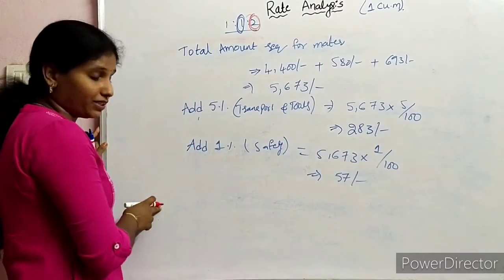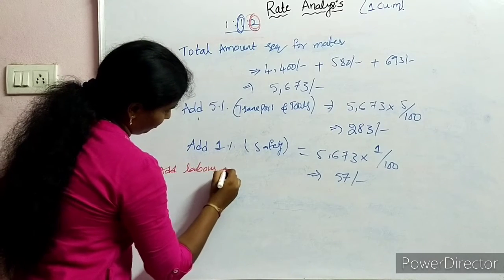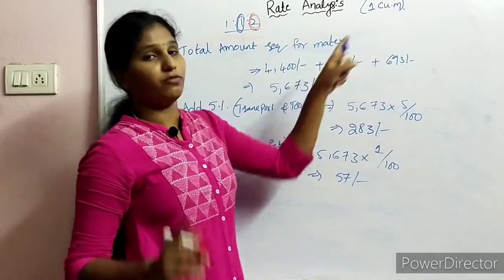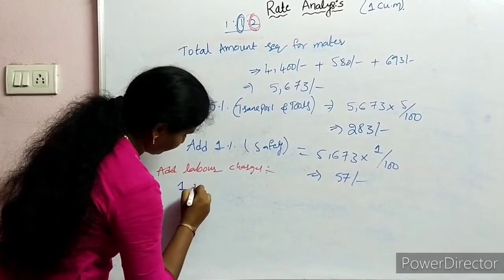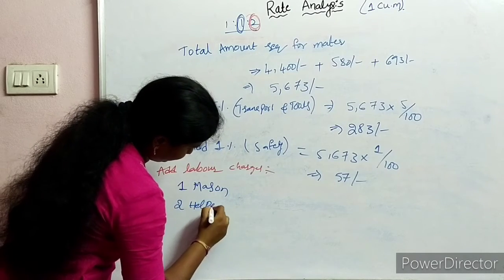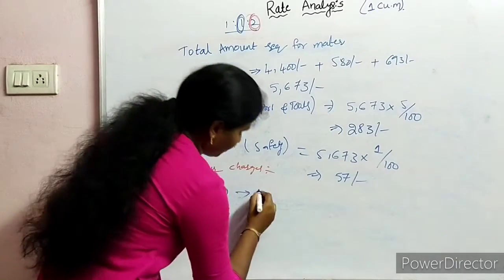We are adding the labor charges also in this. For constructing 1 meter cube, we need 1 mason and 2 helpers. For 1 mason the charge we pay for 1 day is 800 rupees.